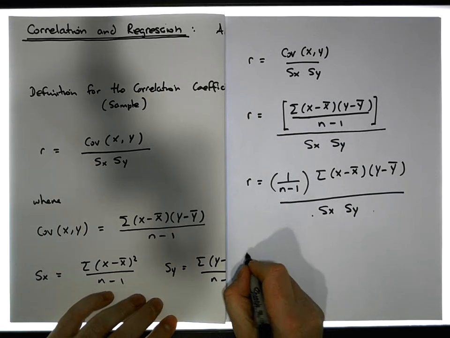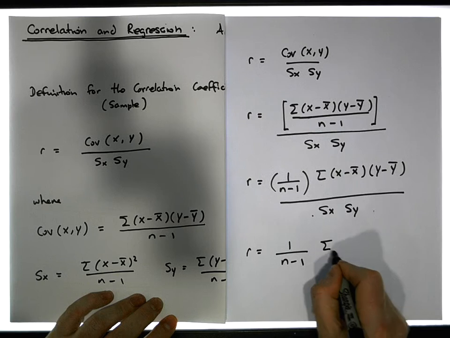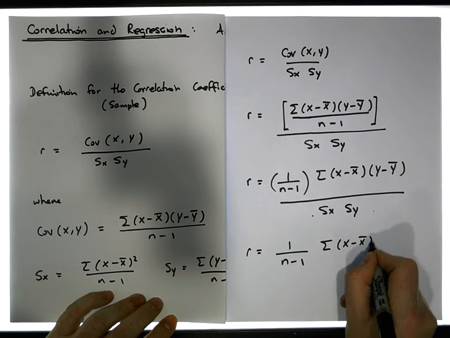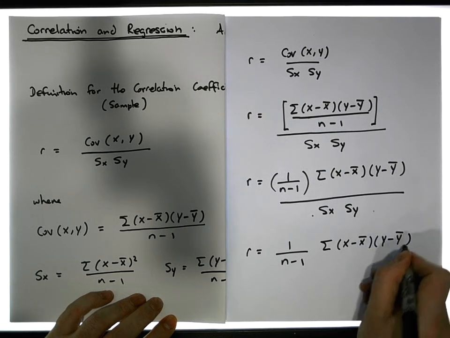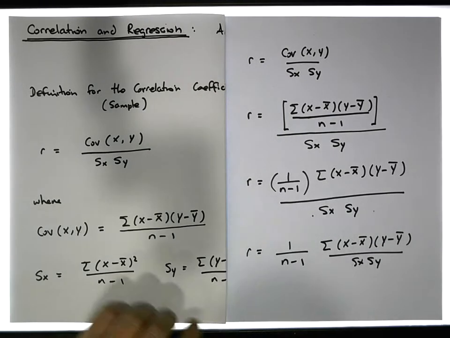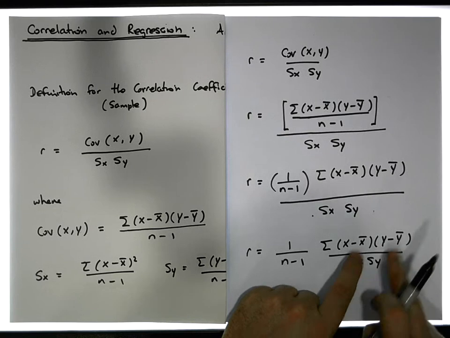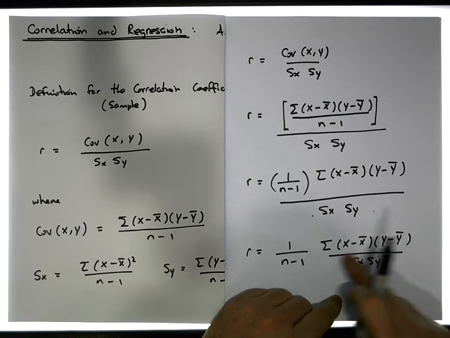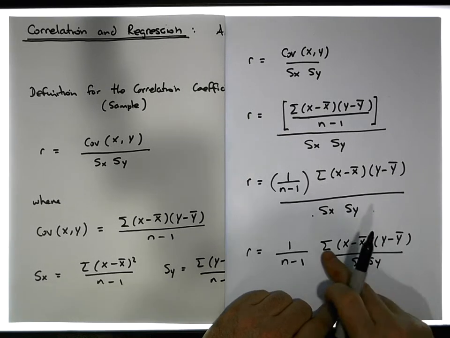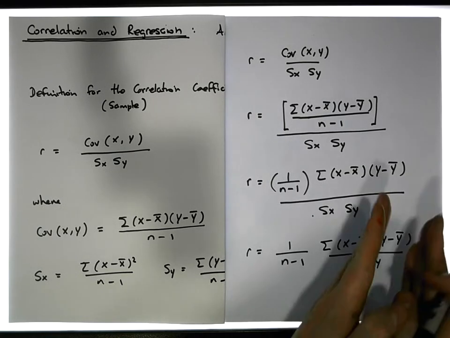So this is the same as R is equal to 1 over n minus 1 times the sum of the x's minus the x bars times the y's minus the y bars, divided by S of x times S of y. The whole summation is divided by S of x, S of y, so we can actually divide the individual parts by it.